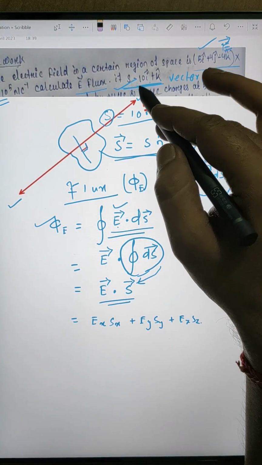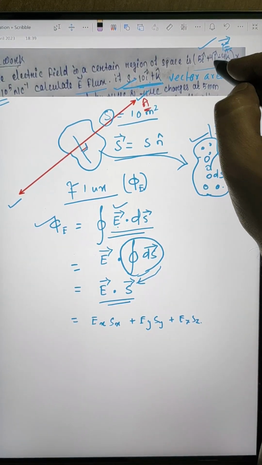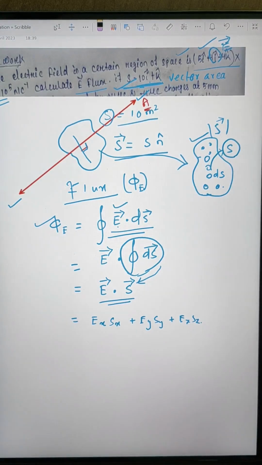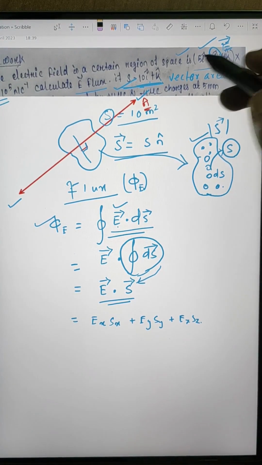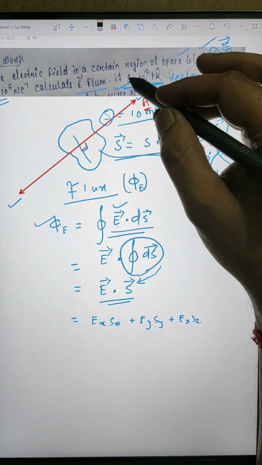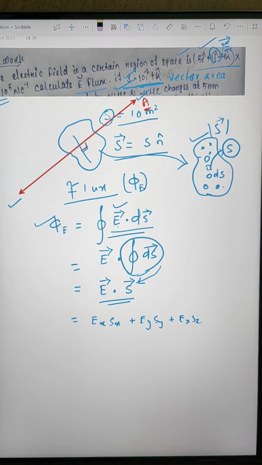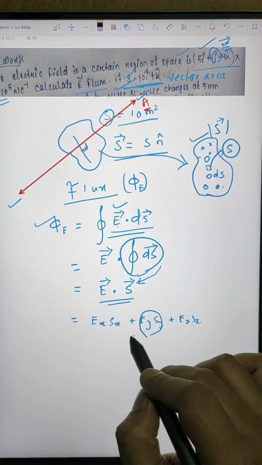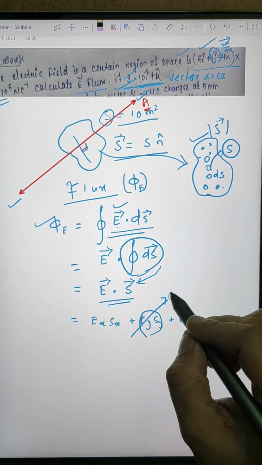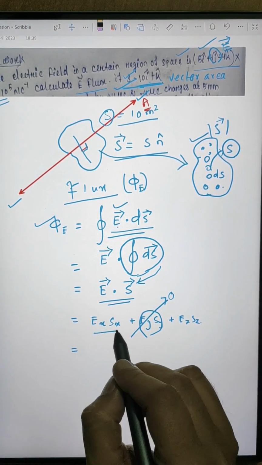One thing is missing: the j cap component is there in the electric field, there is a y component of the electric field, but the y component of the vector area is 0, so this term will be simply 0. So now we simply have to find the x and z terms.